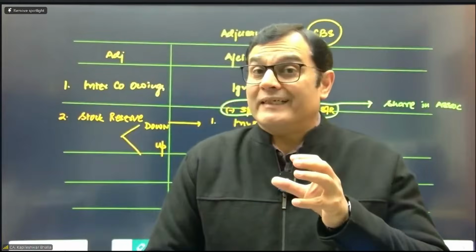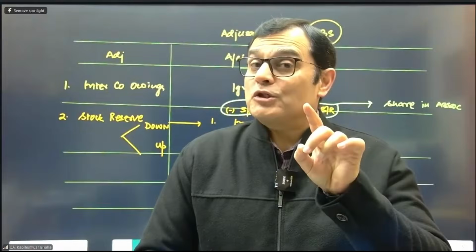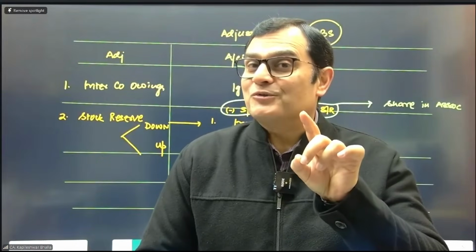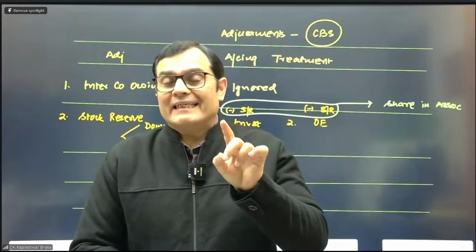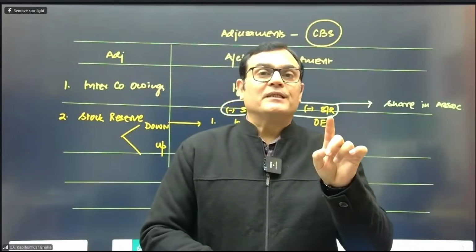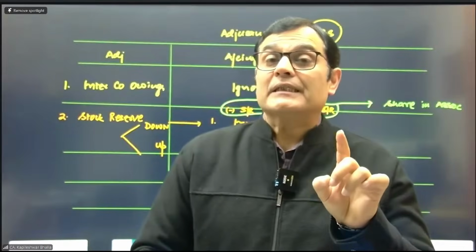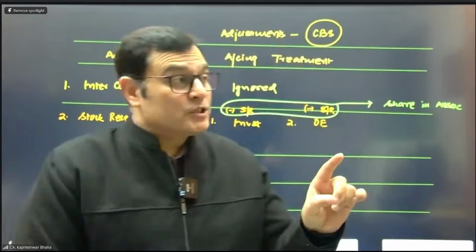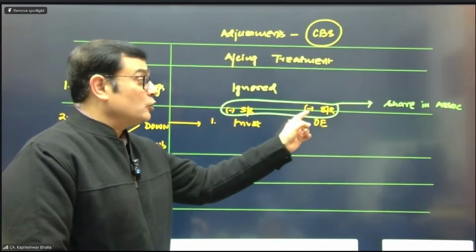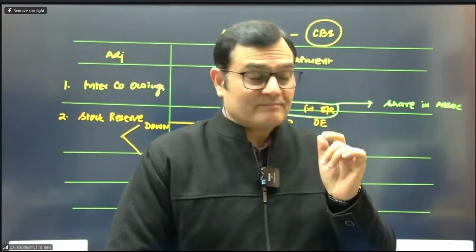So if you got a 25% share, I'll not reduce 2000, I'll reduce 25% of the 2000. So this is one thing you need to be careful. In a subsidiary, you eliminate the stock reserve in full. But in terms of associate, you need to eliminate the share in the unrealized profits. So in my example, if I take 2000, I'll take 25% of 2000.